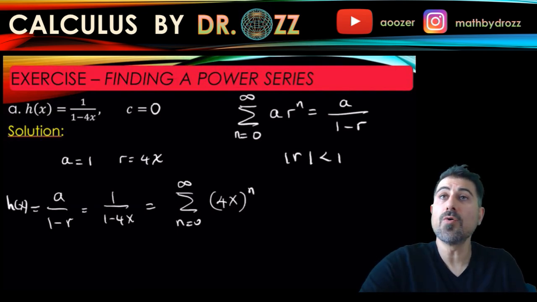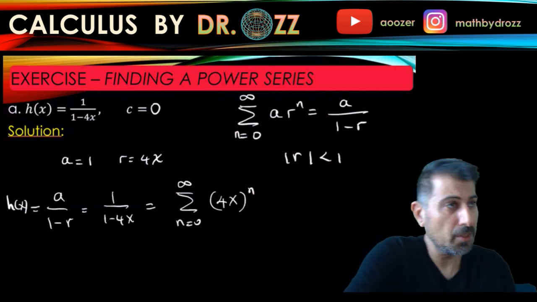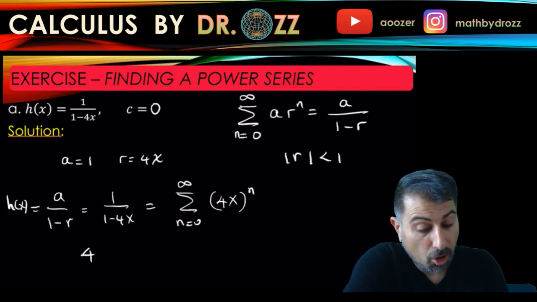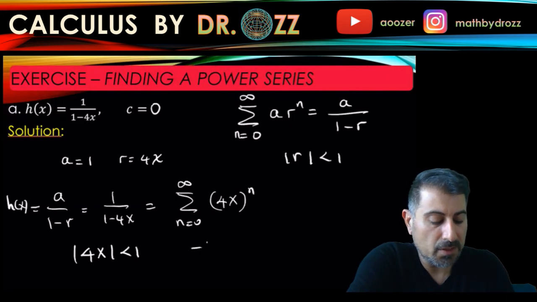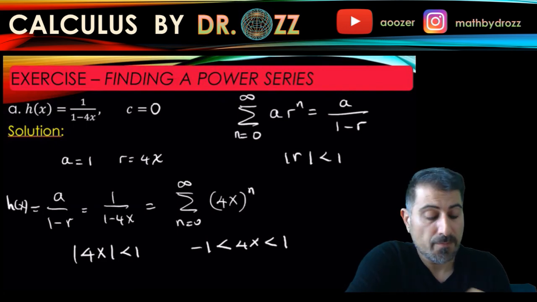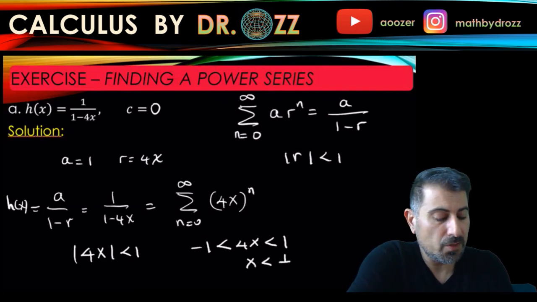I want to know when this series converges. We know that the absolute value of 4x, in other words r, has to be less than 1, which essentially means that 4x is between -1 and 1, and then x is between -1/4 and 1/4.